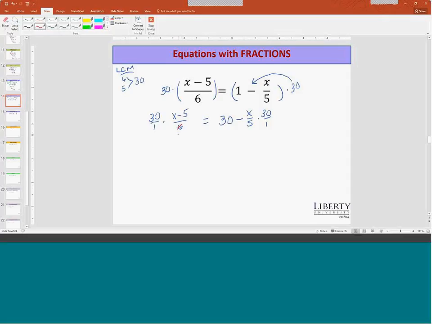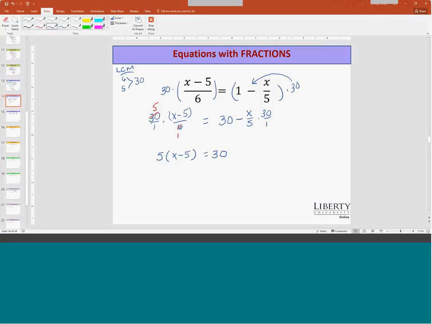The 6 is a factor of both 6 and 30, so I can cancel it out. Now we've got nothing but 1 in the denominator. So this becomes just 5 times the numerator. Remember, put your numerator in parentheses because it's 5 times the entire numerator over here.